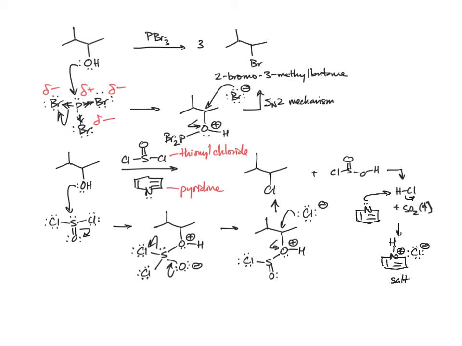hydroxyl groups into halogens, and so just so we see it here, why? It's a question I get from a lot of students. Why do we need to know this? Why is this important? So again, briefly, OH hydroxyl group is a terrible leaving group.